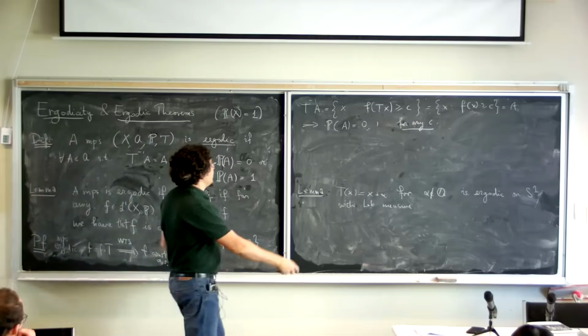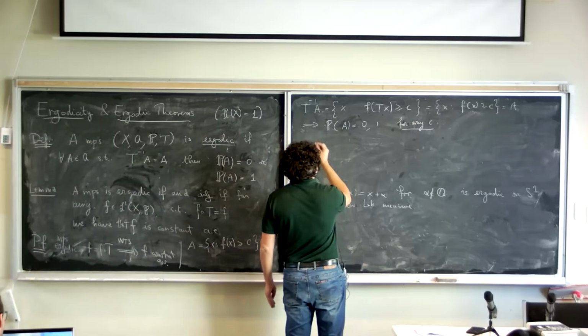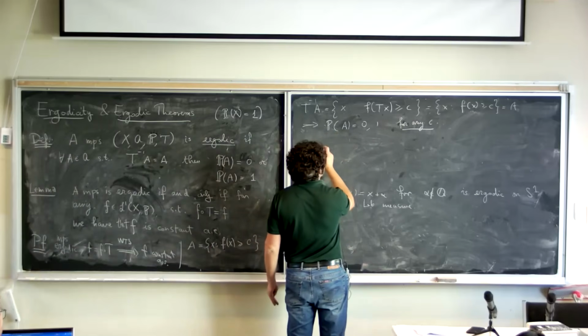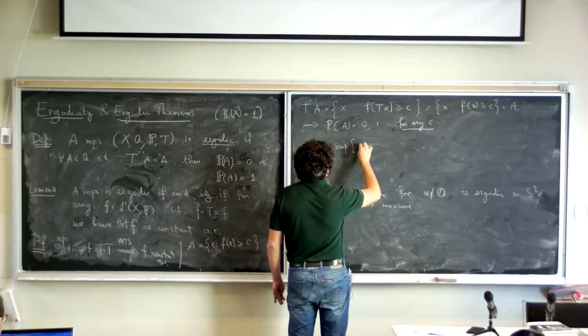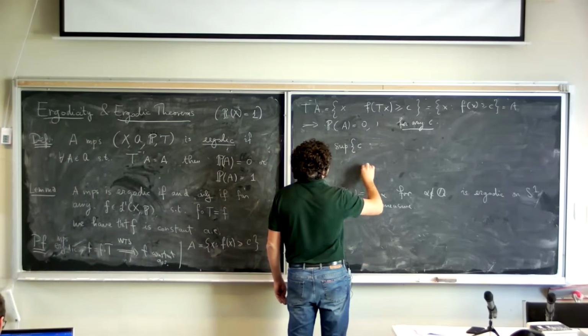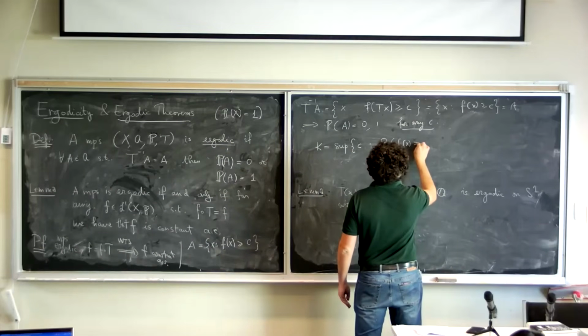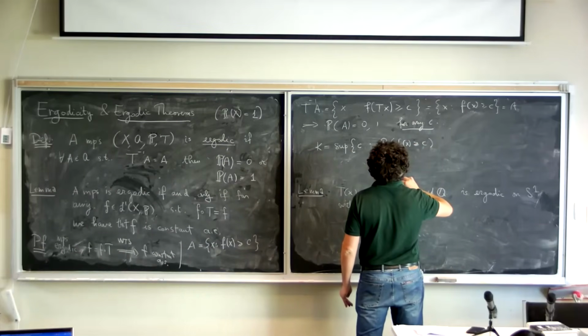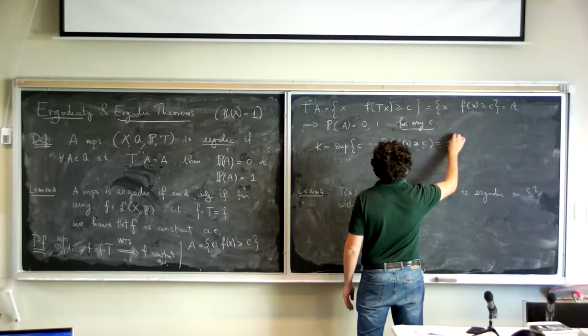So this is not a function. So we define some constant, let's say K. It would be the supremum of the set of C's such that the probability that f of X is bigger than C is 1.